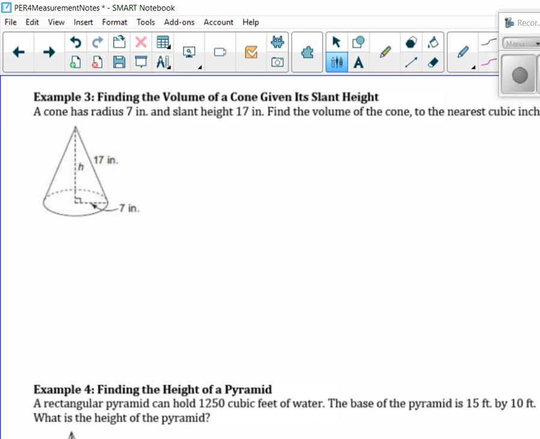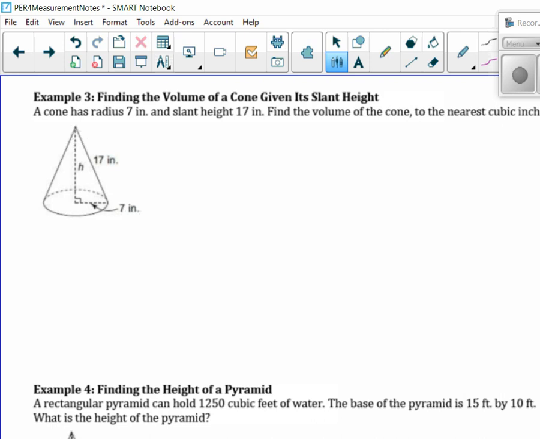Finding the volume of a cone given its slant height. So sometimes they mix up the questions and do surface area and volume. You have to be very careful when you're doing this, because sometimes you use slant height and sometimes you use the actual height. For volume, we have to do the actual height.